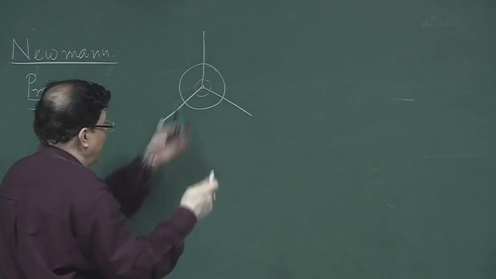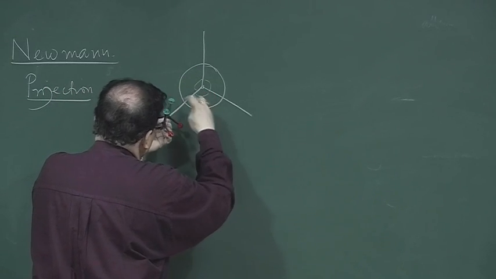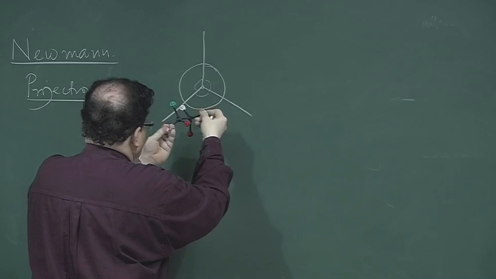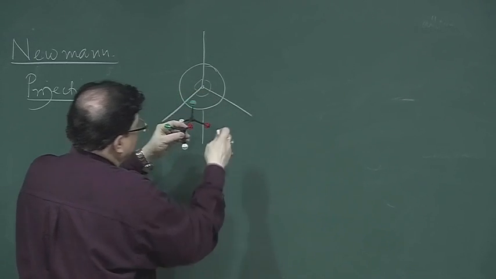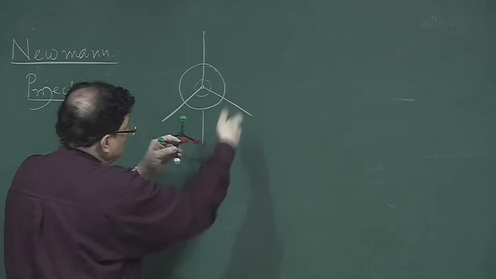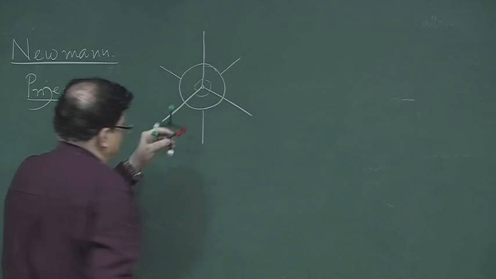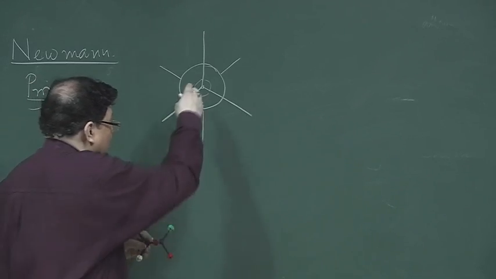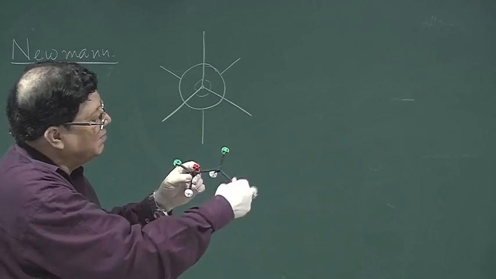Now, you can have 2 extreme cases. In one case, you can have the other bonds, that means the back carbon also has 3 bonds, but because the back carbon is blanked, cannot be seen due to the front carbon, what you can see is the bonds.